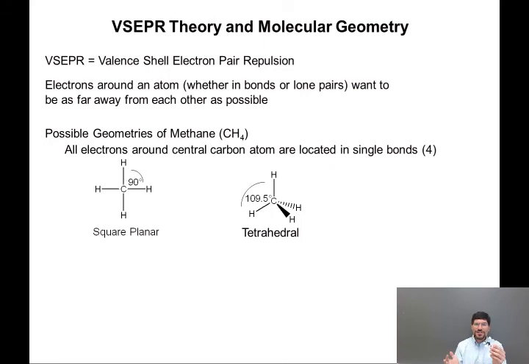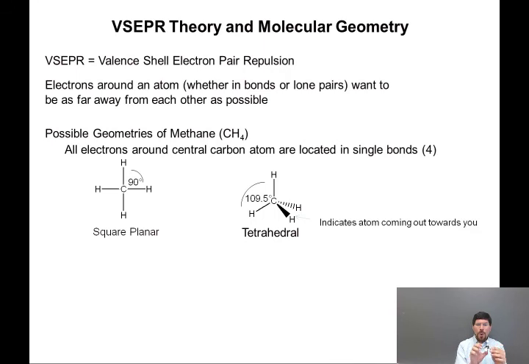In order to be able to depict this 3-dimensional object on a 2-dimensional surface, like a piece of paper, a blackboard, or a computer screen, we've had to develop a convention to show which of these hydrogens is coming out towards you and which of these hydrogens is going back away from you.